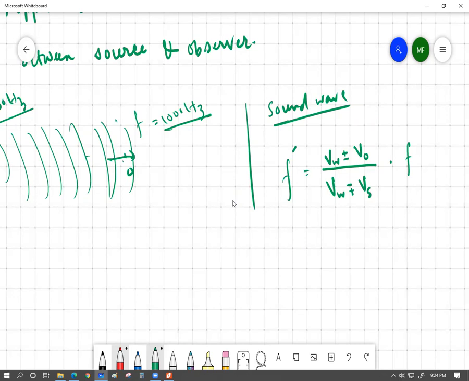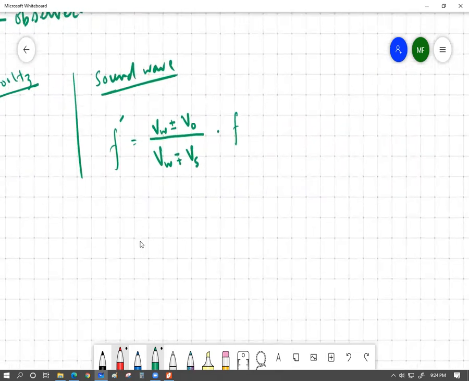This comes from the very basic idea of whether they're getting closer or getting farther apart. Let me bring this up more easily for you.